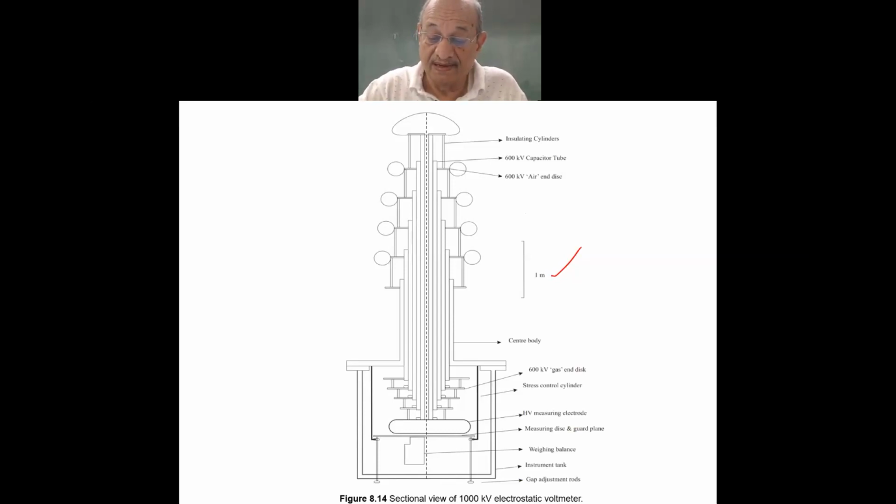these are insulating cylinders. Then a 600 kV capacitor tube is there, 600 kV air and disc. Then these are the different components, 600 kV gap disc, then a stress control cylinder will be needed.